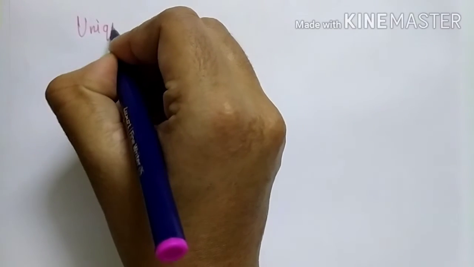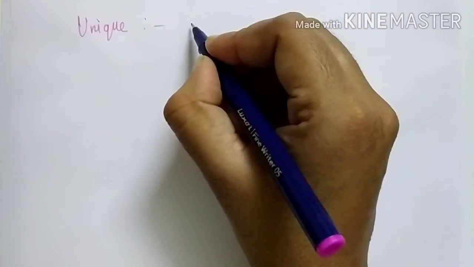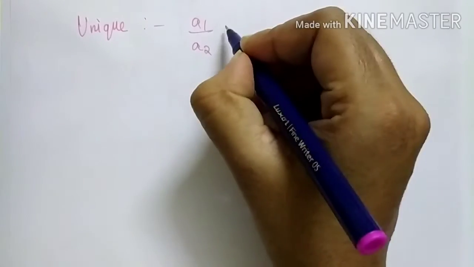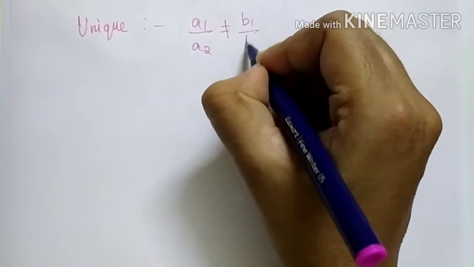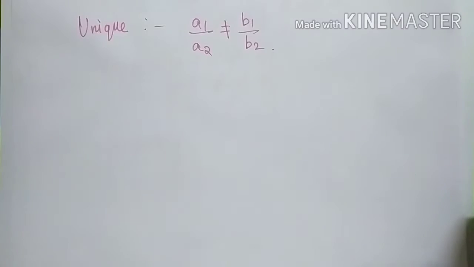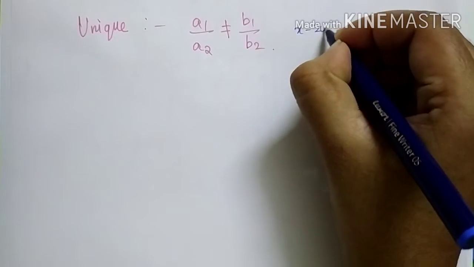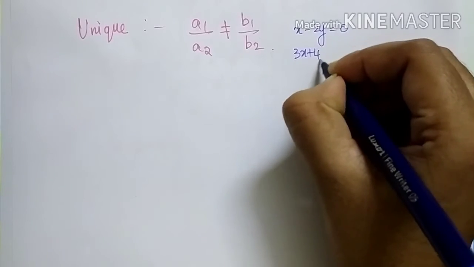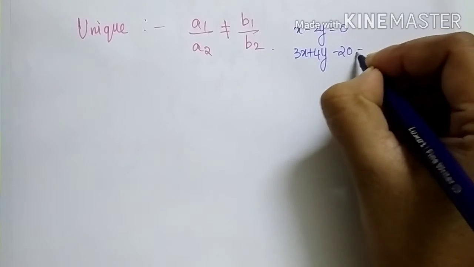For unique solution, a1 by a2 is not equal to b1 by b2. For example, we'll take x minus 2y is equal to 0 and 3x plus 4y minus 20 is equal to 0.